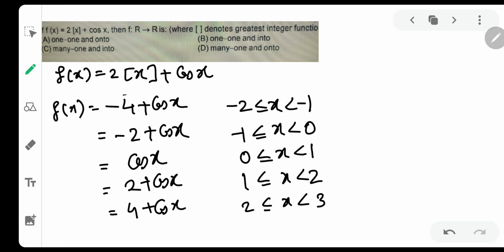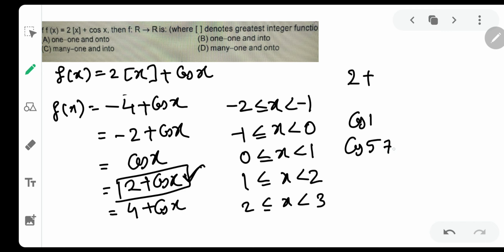As you can see, in this particular part from 1 to 2, 2 plus cos x, what is actually happening? From 1 to 2, cos x will always be positive. Let us check that, or negative. So cos 1 is nothing but cos of 57.28 degrees, since 1 radian is 57.28 degrees.